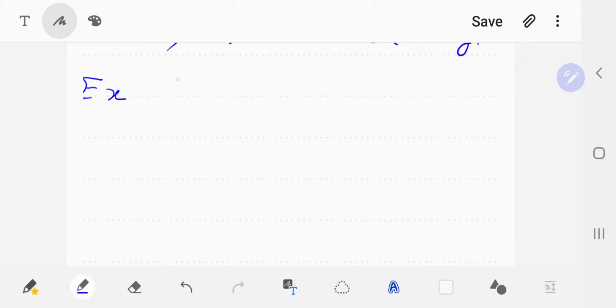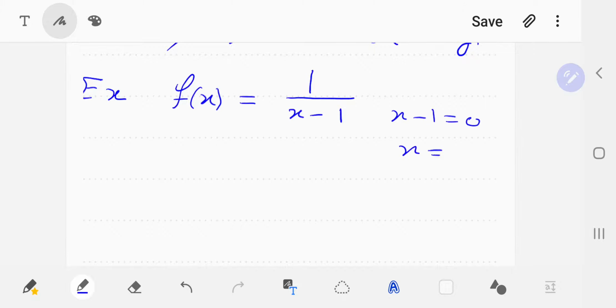Actually, what we need to study for vertical asymptotes is the zeros of the denominator of a function. So for example, if I have a function like 1 over x minus 1, what are the values that do not belong to the domain here? It's when you solve x minus 1 equals 0, so you will get x equals 1.